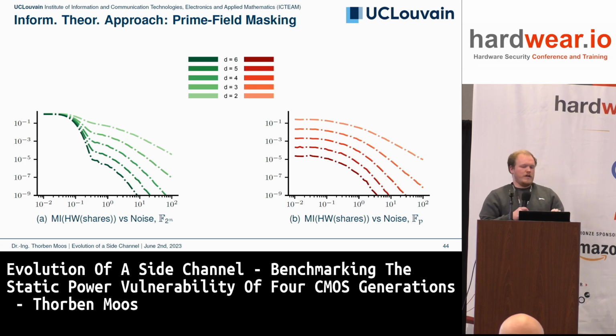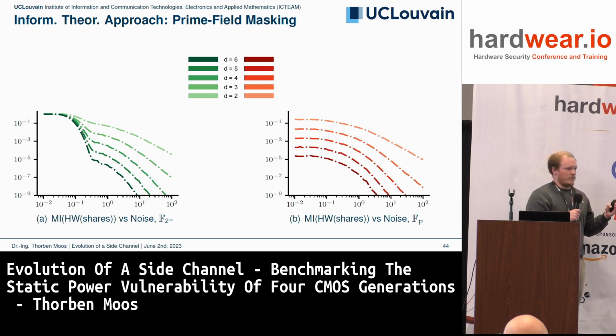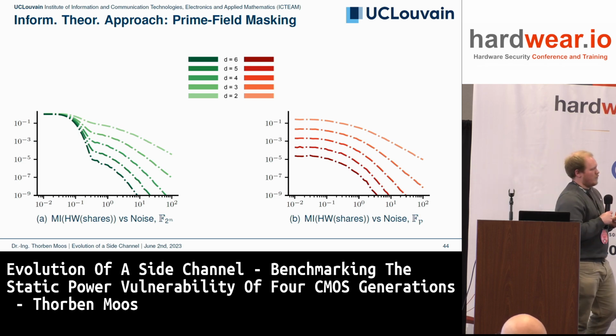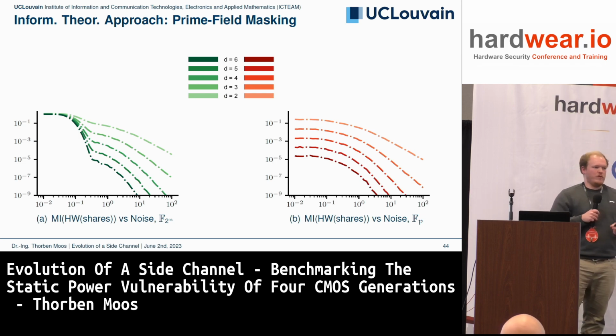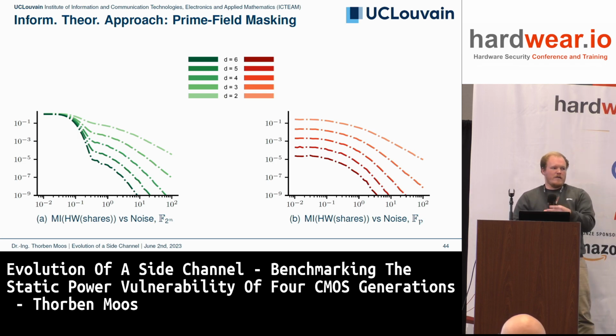So what you can see is Boolean masking on the left and prime field masking on the right. For very low noise levels on the x-axis, Boolean masking doesn't give you anything, right? Boolean masking is my share 1 XOR my share 2 gives me my secret. Prime masking would be my share 1 plus my share 2 modulo a prime gives me my secret.